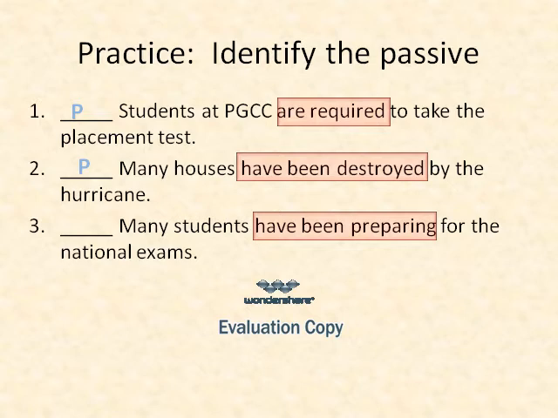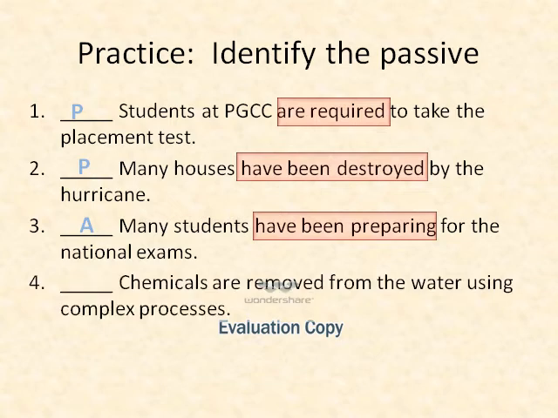Have been preparing. So we have the form of be again, have been, in the present perfect tense. But we don't have the past participle. We have the ing progressive form, have been preparing. And you remember that tense as the present perfect progressive. It's in the active voice.